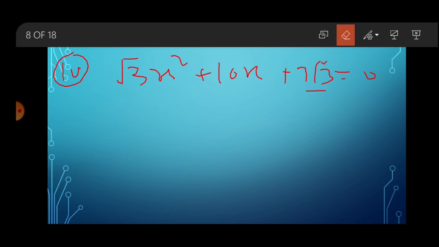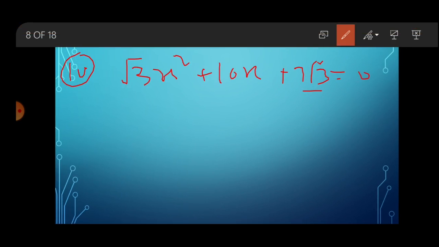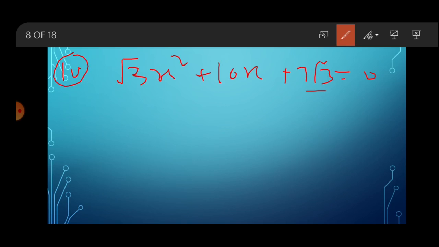Now what I will do is I will just solve the question further. So it will become root 3 x square plus 3x plus 7x plus 7 root 3 is equal to 0.